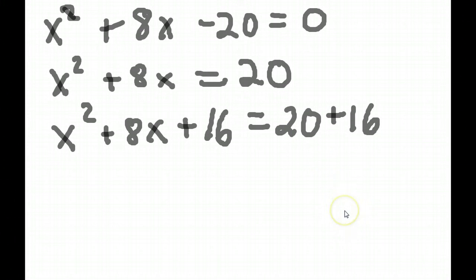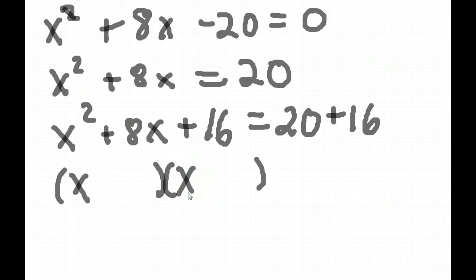But look at this left side before we go any further. We now have created a perfect square, right? Because we can rewrite this by factoring the left side. How can we write it, if it's a perfect square?